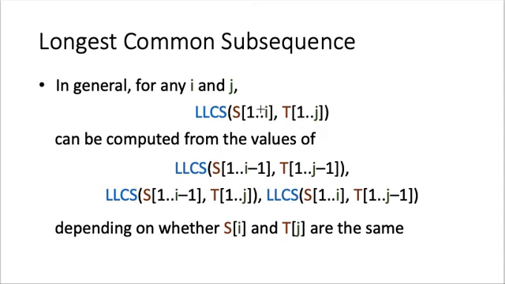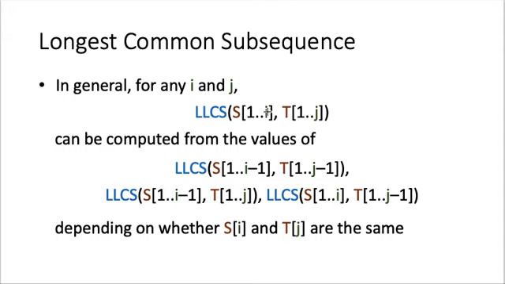How do we compute it? We can base it on a similar argument as before. If the last characters of Si and Tj are the same, then it can be computed based on this value. We get this value, plus 1.